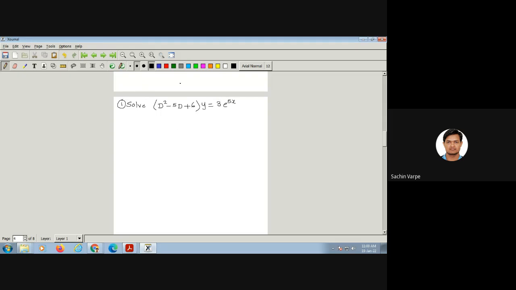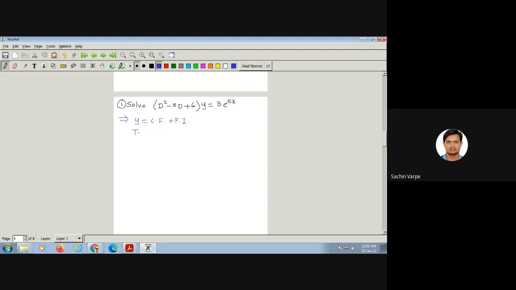So solve this completely. I mean solve it for the complete solution. So what will be its complete solution? The complete solution or the general solution is the value of y as CF plus PI.